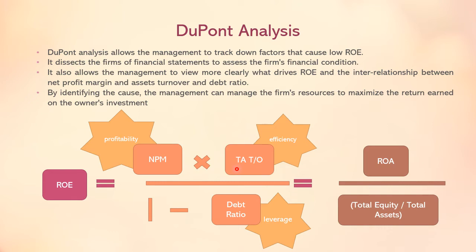Number 2, the company needs to increase the efficiency in managing the assets by increasing the total assets turnover. And then the company can also focus more on debt financing as opposed to equity financing, but not to the extent that you are burdening your profit with too much interest expense. Balance in here. We need a moderation in borrowing.